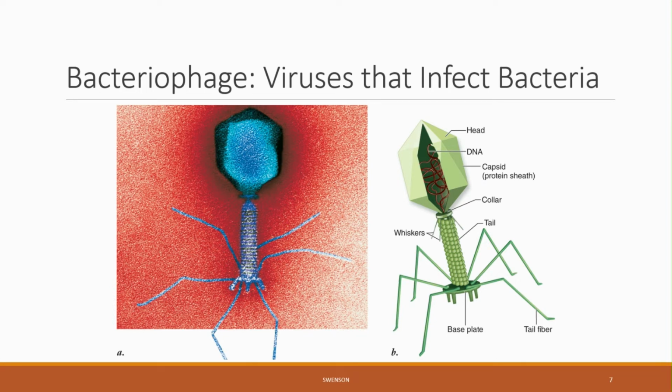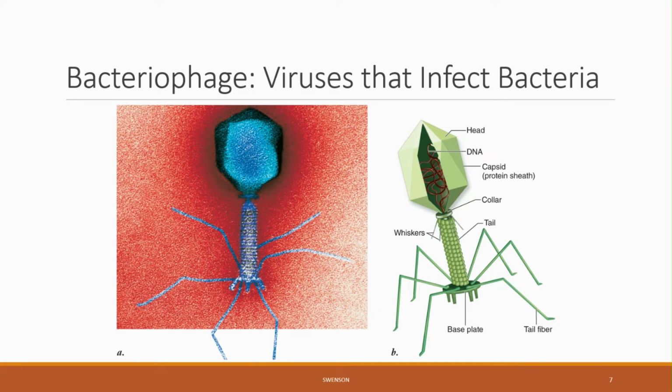Phage means virus, and so a bacteriophage is a virus that infects bacteria. They have some of the most interesting phenotypes of all of the viruses. They appear as a syringe with legs and function in much the same way. The head is what houses the DNA. The head is made up of a protein called capsid and protects the DNA.